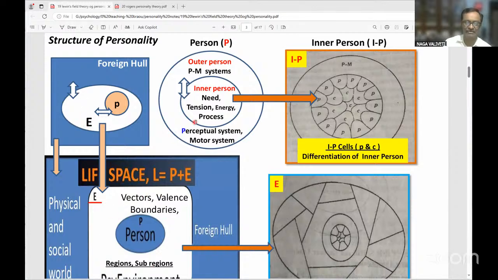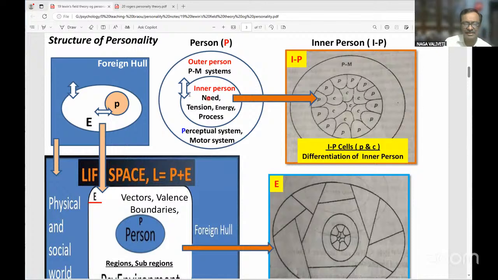Here, we will see now what is there in the inner person. Just briefly, I have seen. There is another slide where we discuss it in depth. The outer person is having two independent systems, the perceptual system and the motor system. The whole is there. Once you see a sweet or pani puri, some eatable in the environment, it generates a need.